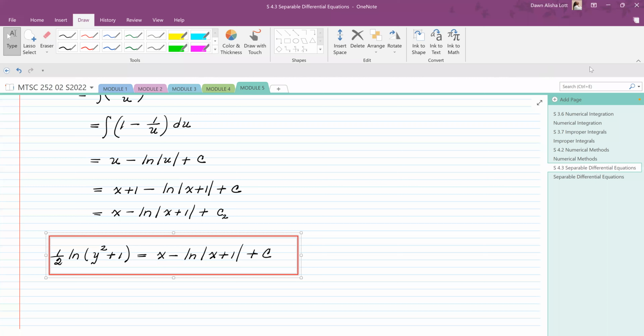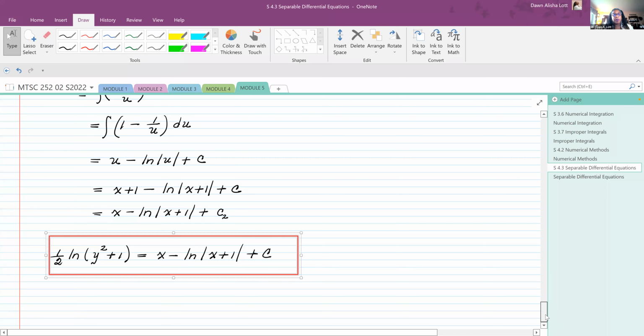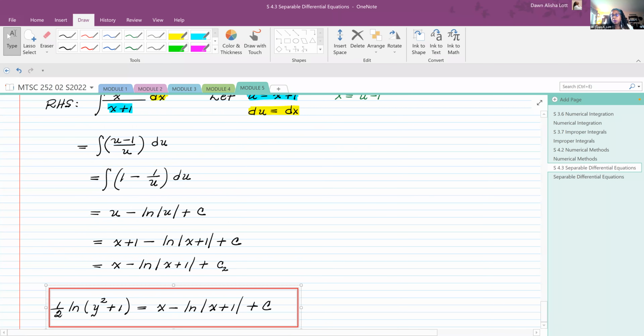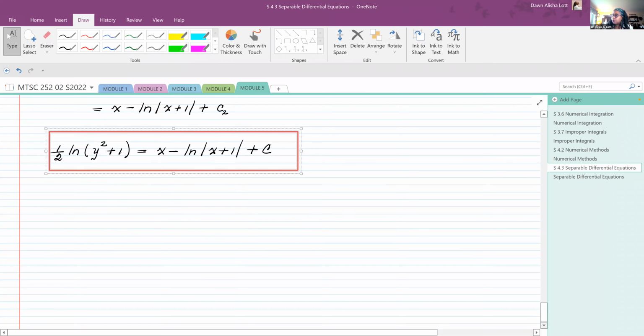What was the other method if we didn't use substitution? Okay, the other method was long division. Thank you for asking. We could have the integral of x over x plus 1 dx. We could have used long division.